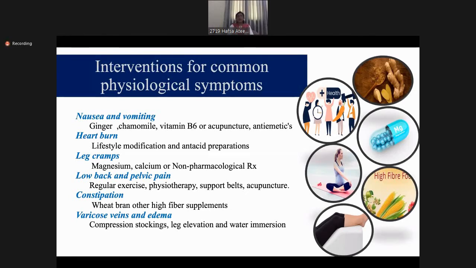Low backache and pelvic pain are managed by regular exercise, physiotherapy, supporting beds and acupuncture. Constipation may be prevented by giving a high fiber supplemental diet. And varicose veins can be prevented by compression stockings, leg elevation, and water immersion. So these minor ailments of pregnancy can be prevented by minor things.